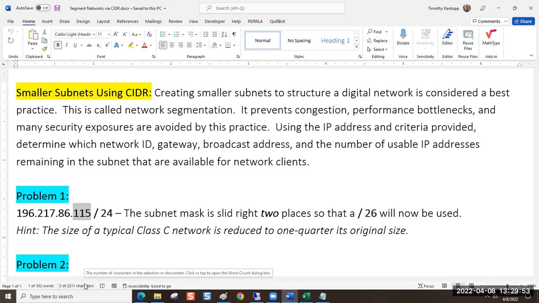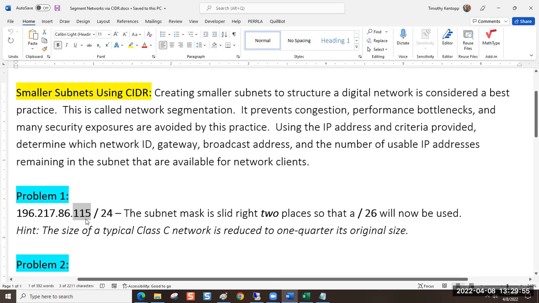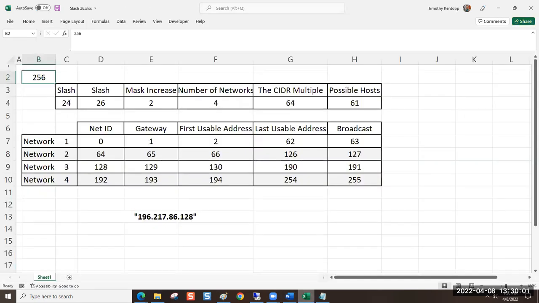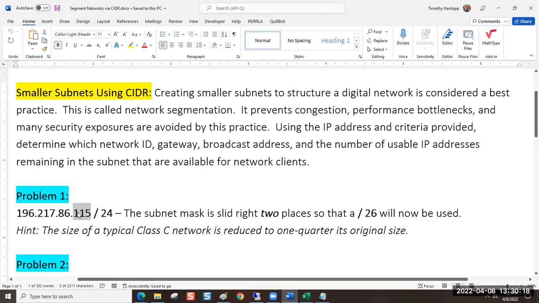Now, how do you figure out which network 115 is a part of? LeQuinn, this is where we come full circle. Which network? Here's the first usable address and the last usable address. In network 1, the first usable address is 2 and the last usable network address is 62. But we have a client that uses 115.